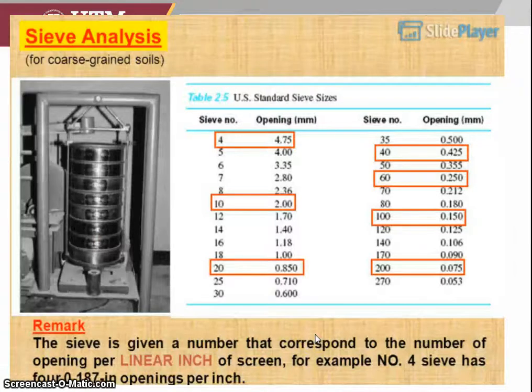So just now, if you could note, every sieve has its own number, and the designated number is usually for a specific opening, such as for defining sand. We usually ask for the passing size number 4. For US, the passing size number 4, the sieve opening is 4.75 millimeter.